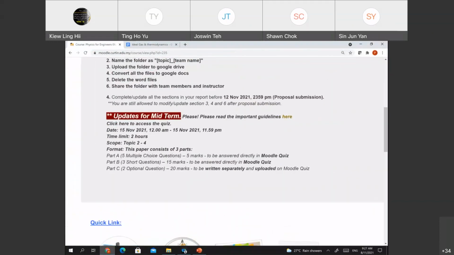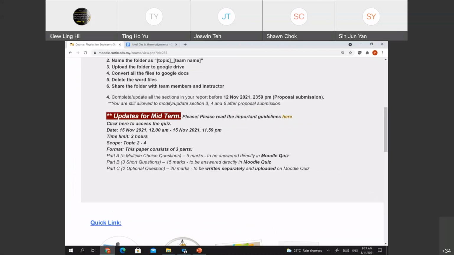For part A, there will be 5 multiple choice questions, each question only 1 mark. So it will be a very basic conceptual question. Part B, instead of 4 questions now, only 3 short structured questions, and each question is 5 marks.